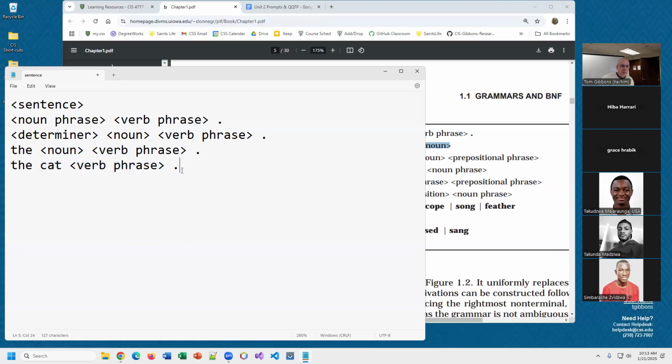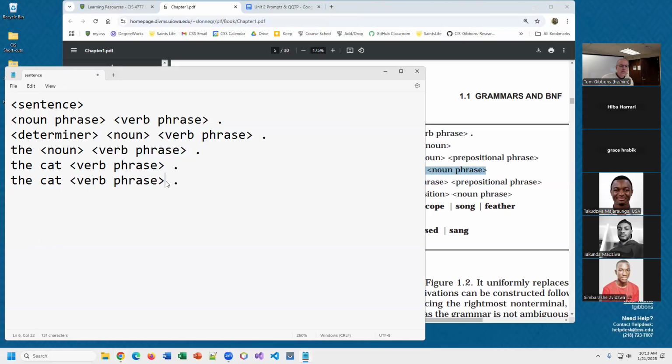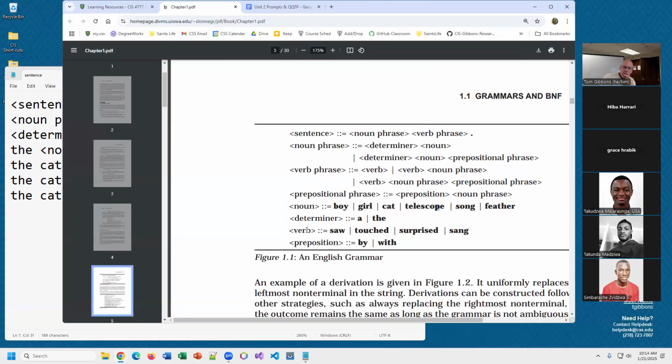I have to remember to make copies of this. We have the cat, verb phrase. For our verb phrase, we're going to replace it with a verb and a noun phrase. Now we can do any substitution for a verb.